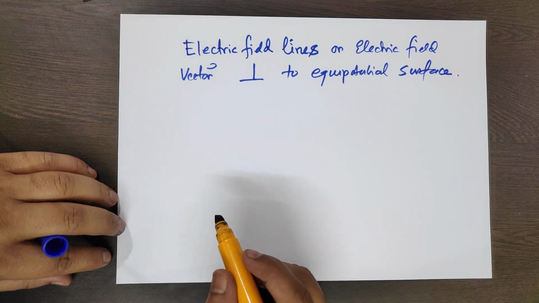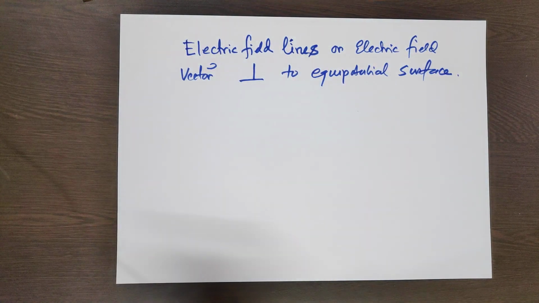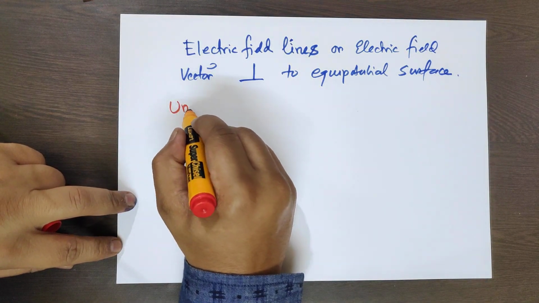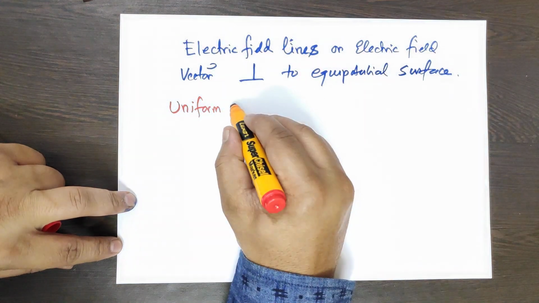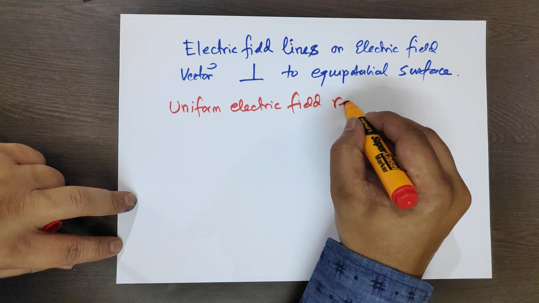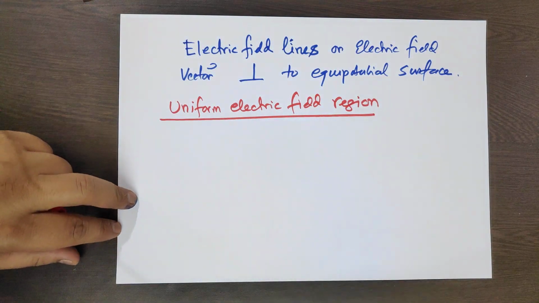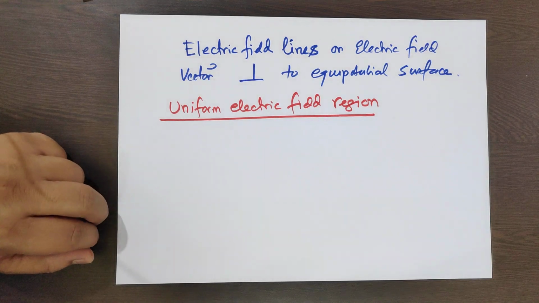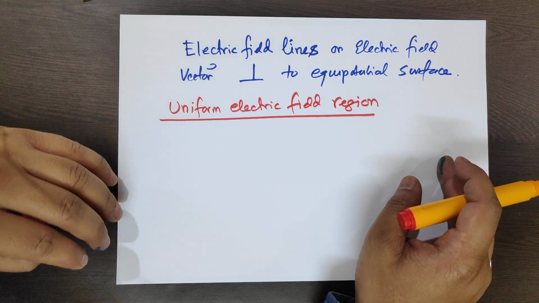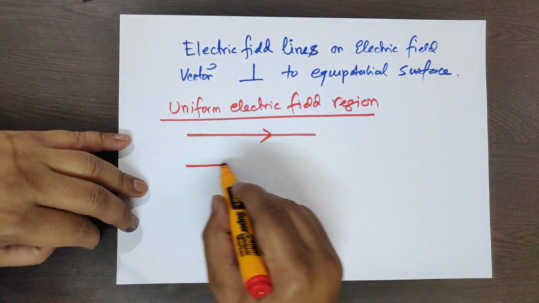Okay. So suppose in a region you have a uniform electric field. Where does this situation happen? You know, it is the field due to an infinitely charged plate. These are the electric field lines.